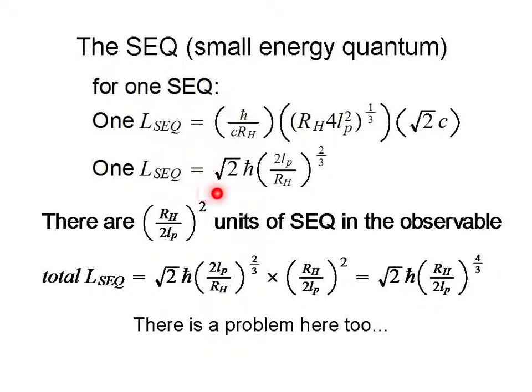Our value for the angular momentum of one small energy quantum is not the conserved value. And there's a large number of them, r sub h over 2lp squared. We multiply this value times the number, and we get the square root of 2 times h bar times r sub h over 2lp to the 4/3 power. Angular momentum is not being conserved at the small energy quantum level. So we have a problem here too.